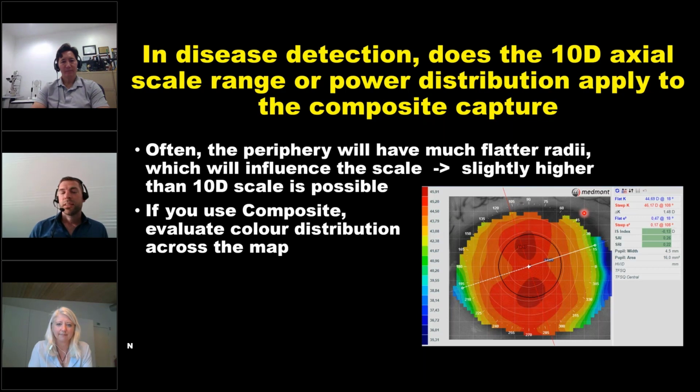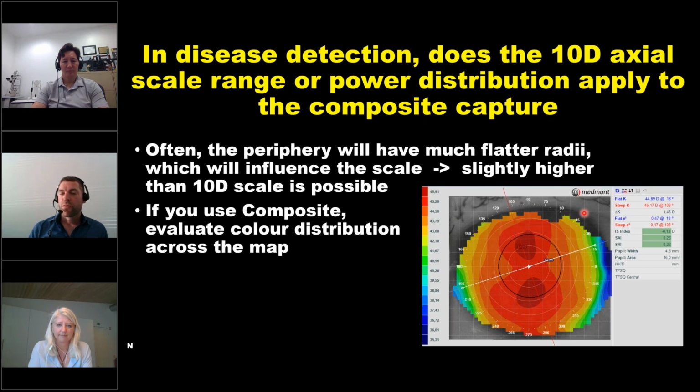You will often see that the 10 diopter scale is still close, but in composite topography you might slightly go over it. This is just due to the fact that you get so much more data in the periphery, which is much flatter than the center part.